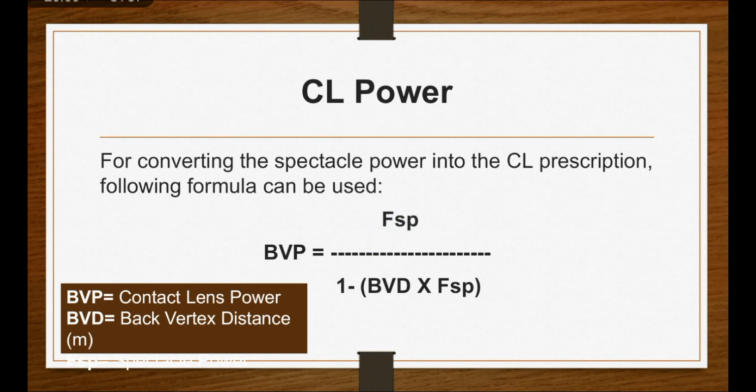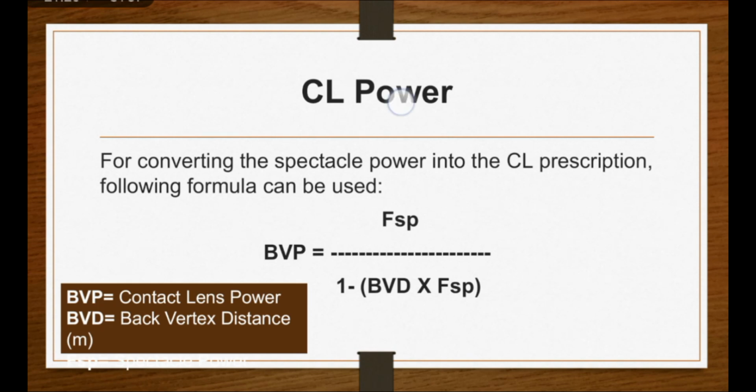This is the back vertex distance compensation, because in glasses the back vertex distance is approximately 12 to 14 millimeters, but in contact lenses it is 0 millimeters, right? So you are compensating for that back vertex distance and converting the spectacle prescription into the contact lens prescription.